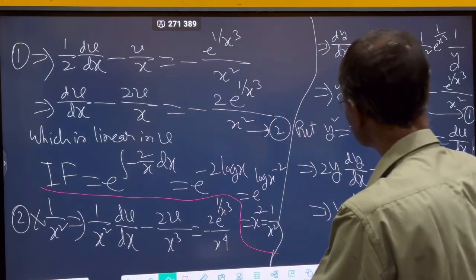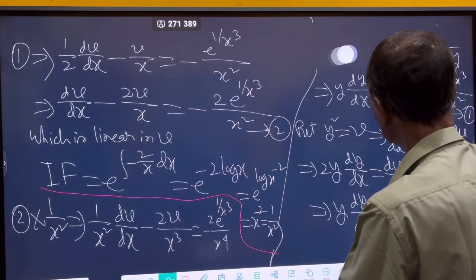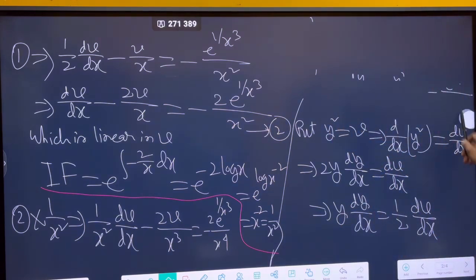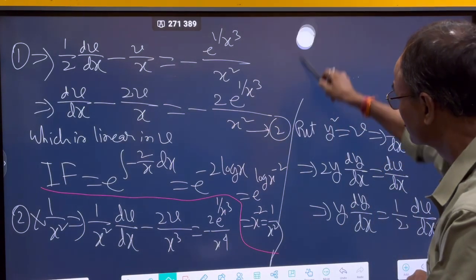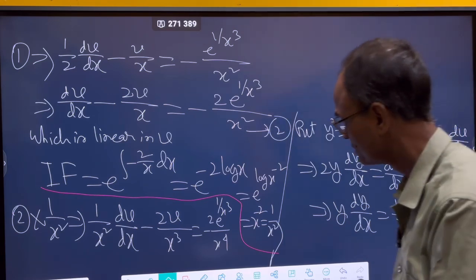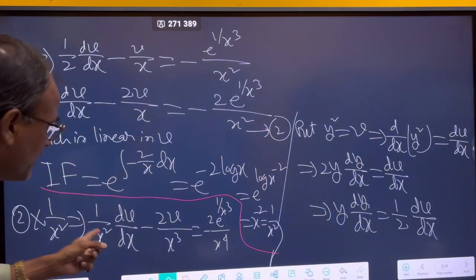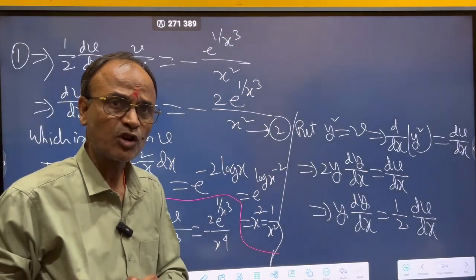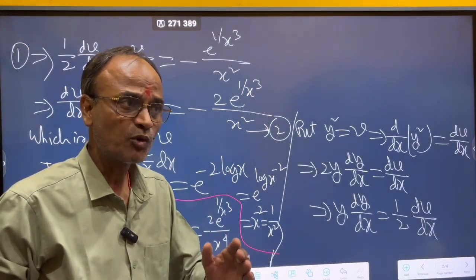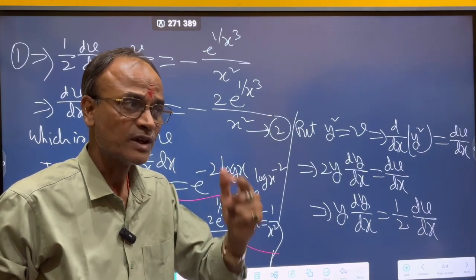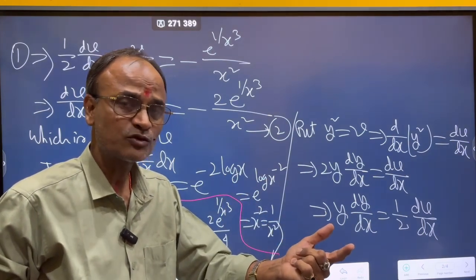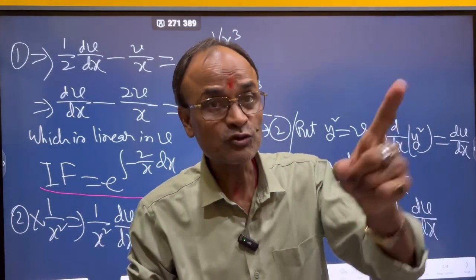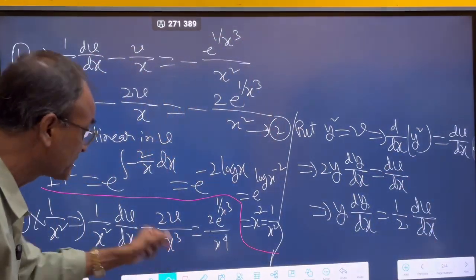Now you see, what is the differentiation of 1 by x square? It is x to the power minus 2, and the differentiation of x to the power minus 2 is minus 2 x to the power minus 3, that is minus 2 by x cube.